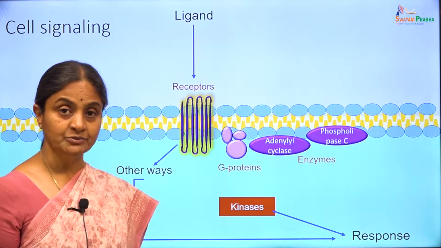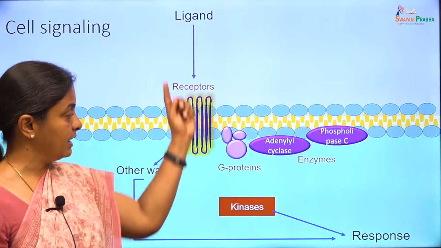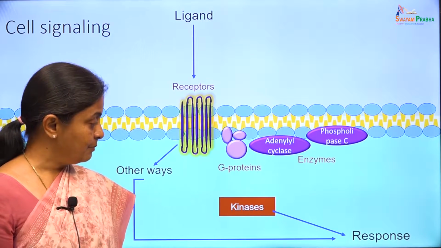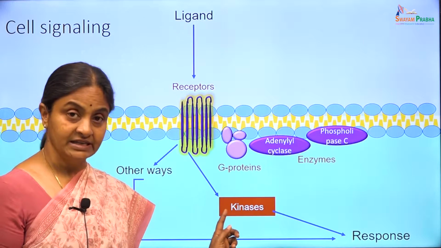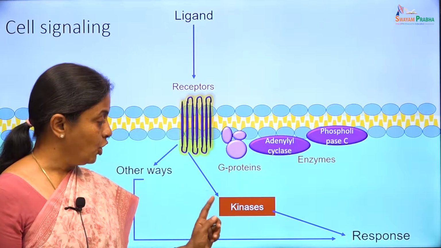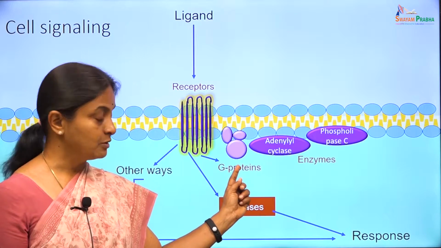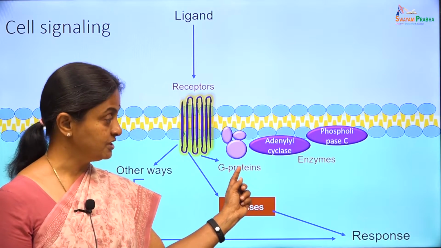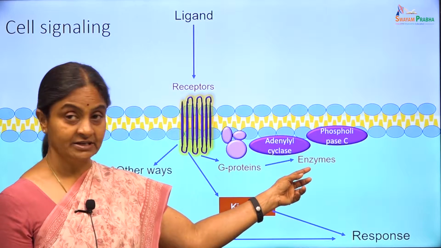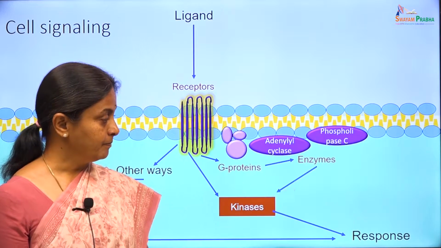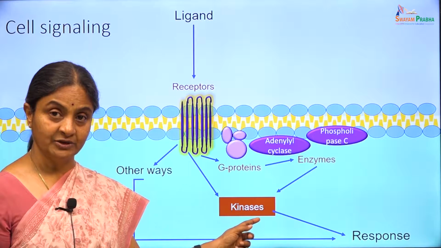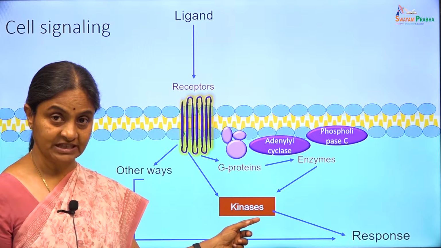But when it comes to involving kinases, the ligand receptor combination may activate these kinases directly, or the ligand receptor complex would activate a G protein. The G protein would activate a membrane enzyme, and the membrane enzyme would activate the kinase within the cytoplasm.